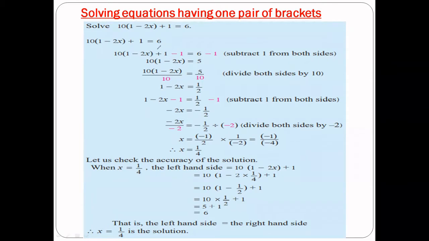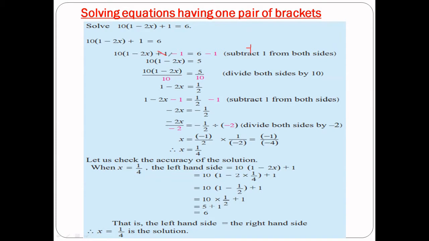First, we have to remove this plus 1. How to remove plus 1? Put minus 1 to both left and right. That means subtract 1 from both sides. Inverse operation. The inverse operation of addition is subtraction. So to remove plus 1, you have to put minus 1 to both sides.